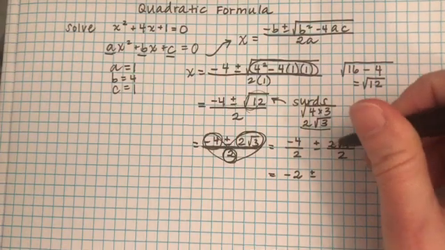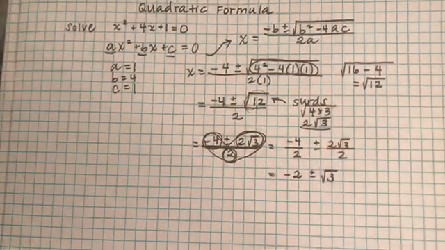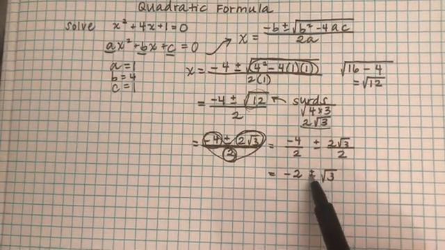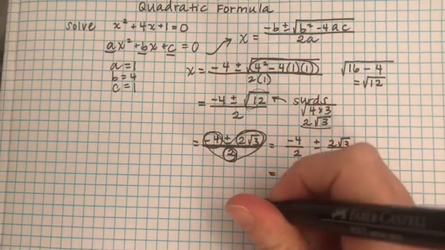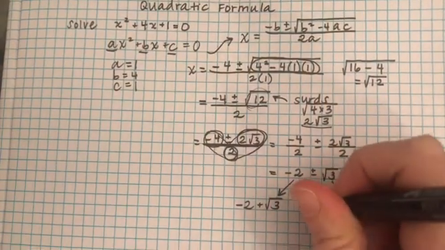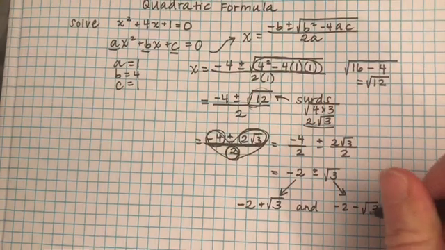The 2's here, 2 divided by 2 is 1, so we're left with just the square root of 3. So what this means is that we have two different answers. That plus or minus means that we have two answers that look different. It's really -2 plus the square root of 3 and -2 minus the square root of 3.